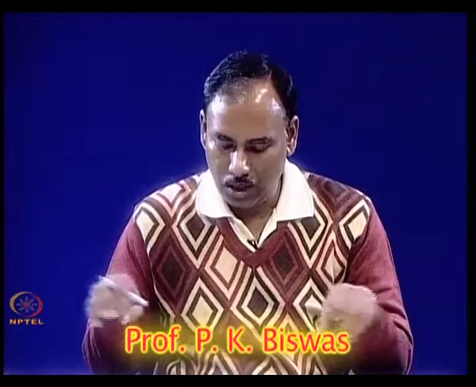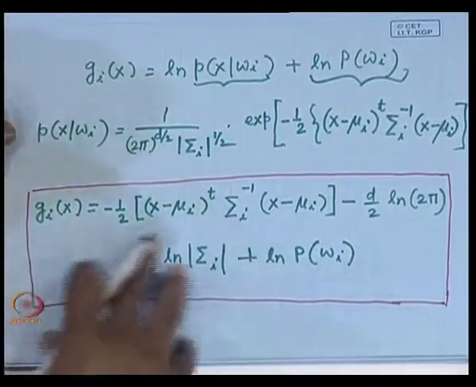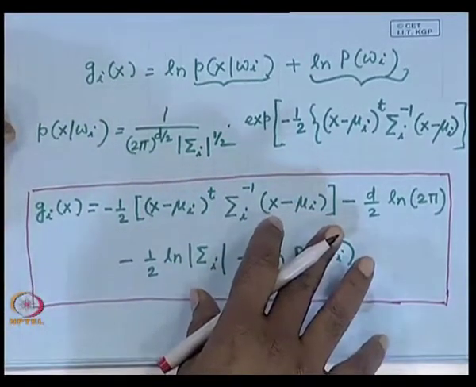It is not a linear surface. Okay. So, this classifier can take care of linearly non-separable classes. However, for specific cases, this can be converted to a linear classifier. So, we will talk about those things in the next class. Let us stop here today.